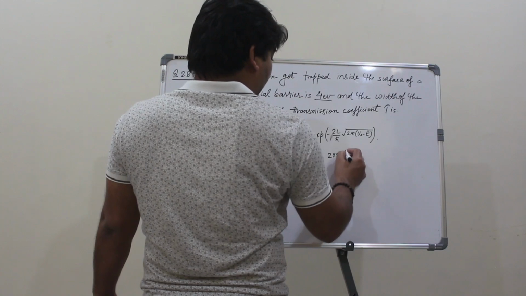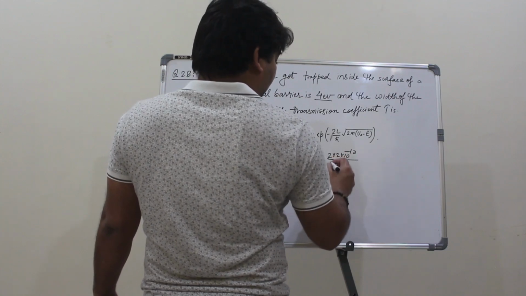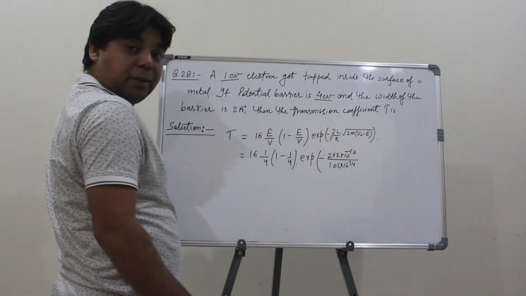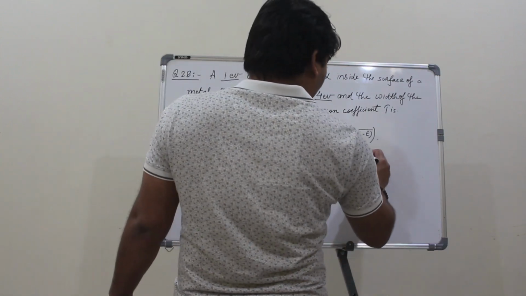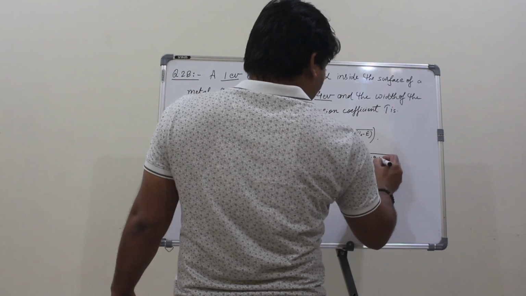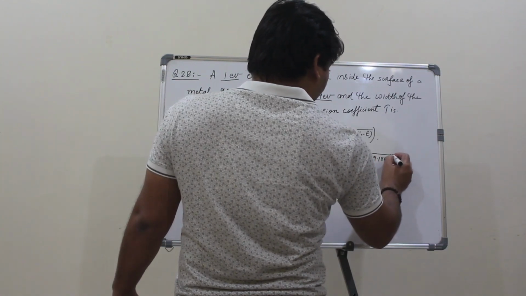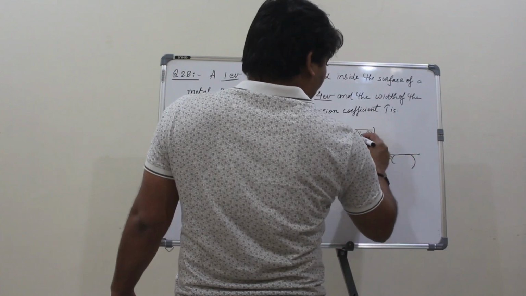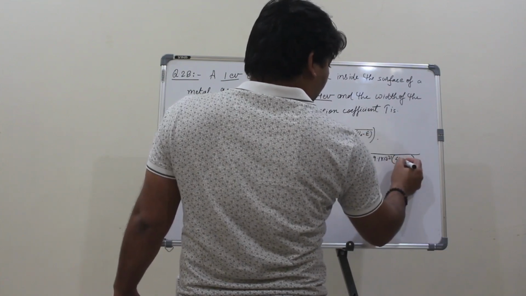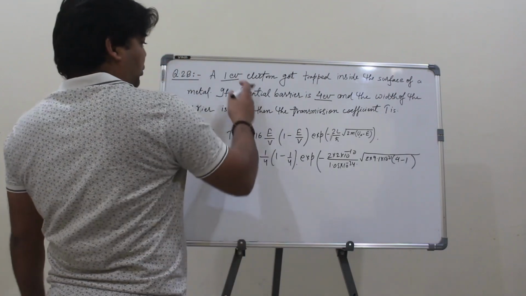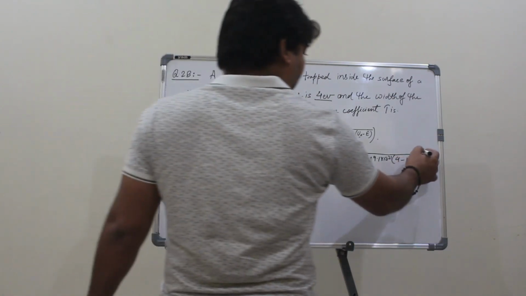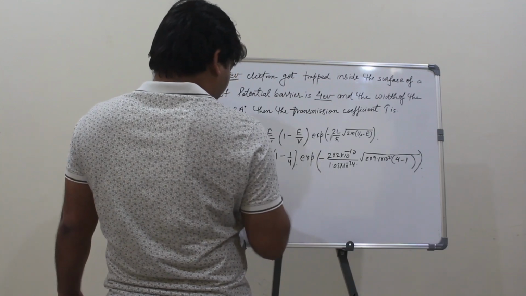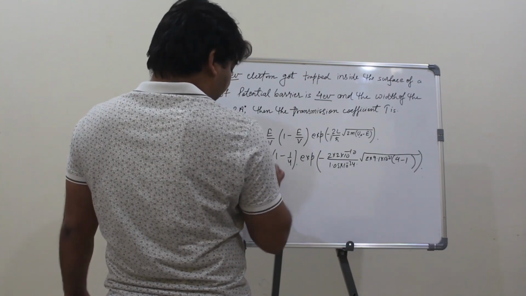Into 10 to the power minus 10 divided by h cut, how much? 1.05 into 10 to the power minus 34, right? Into 2 into mass of electron, 9.1 into 10 to the power minus 31, into 4 minus E. 4 minus 1 is 3 electron volt.